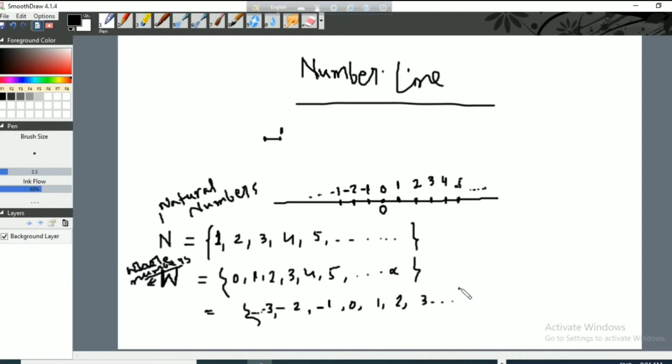This set is actually called integers, set of integers.